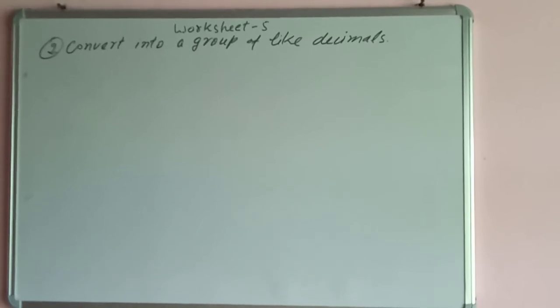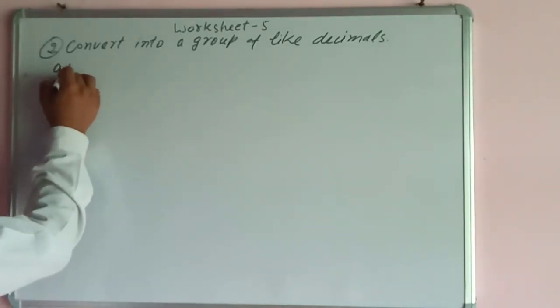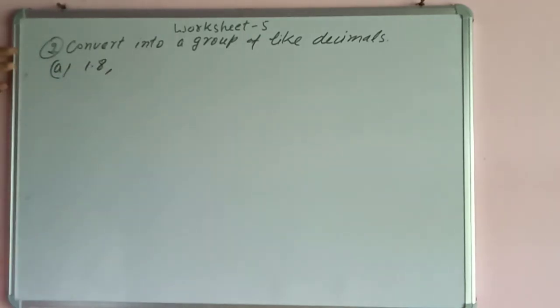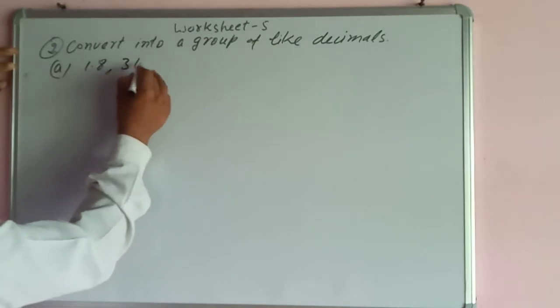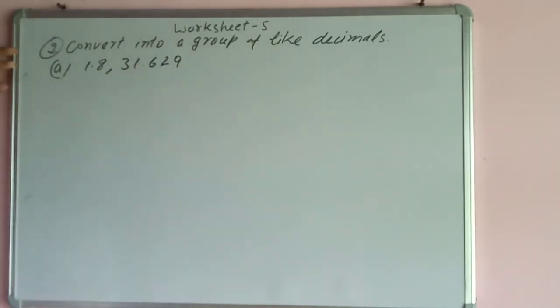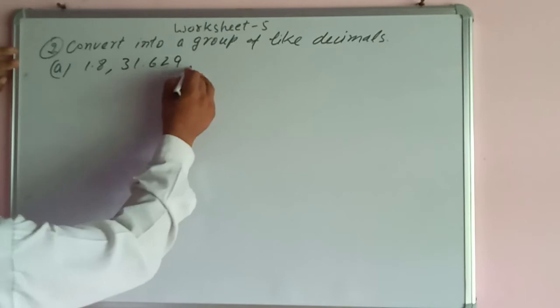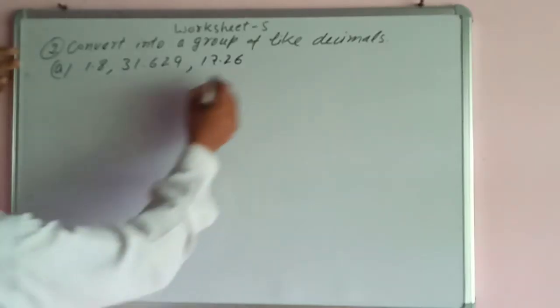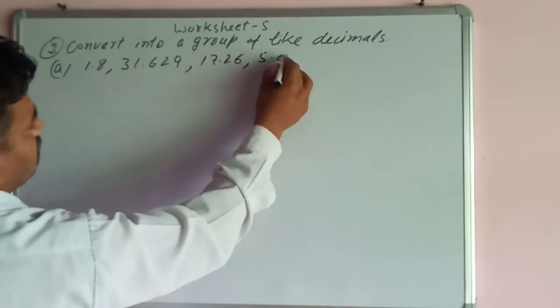The next question is to convert into a group of like decimals. We can convert unlike decimals into like decimals. How can we convert? Let us see, in part A the question is given 1.8, 31.629, then 17.26 and 5.01.